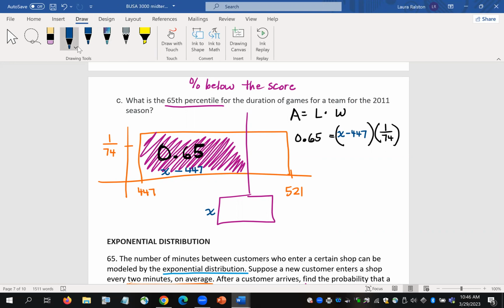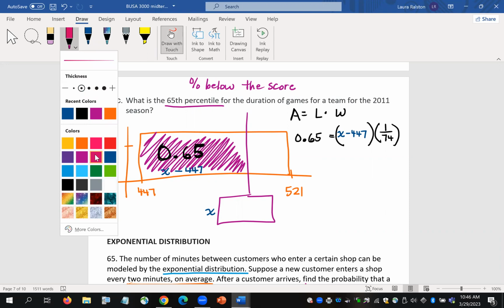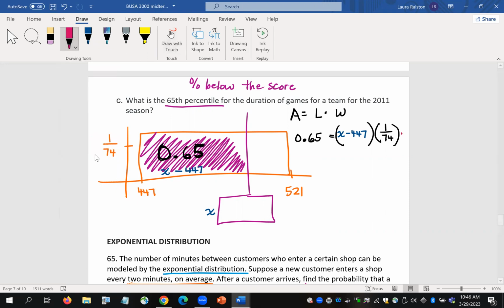To solve my algebra problem, I'm going to multiply both sides by 74. So I have 74 times 0.65. That's 48.1 equals 74 times 1/74, which zeros out, times X minus 447.